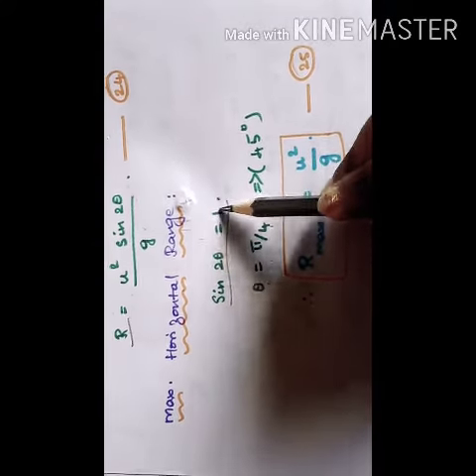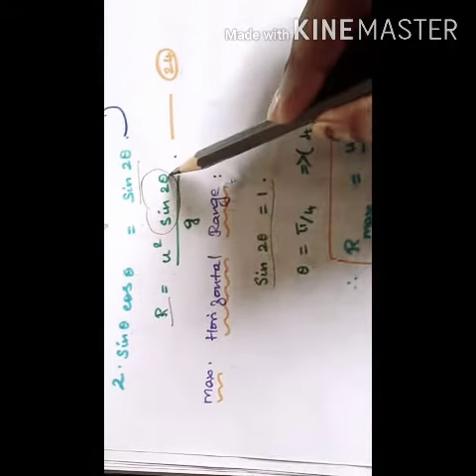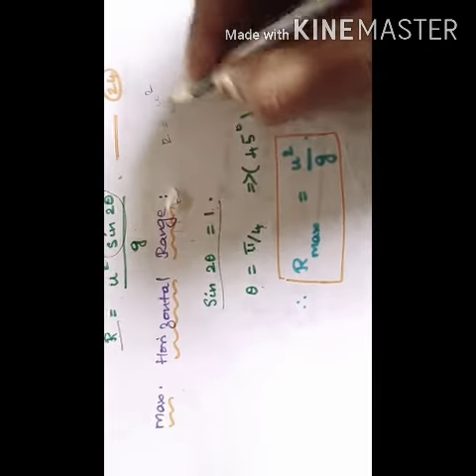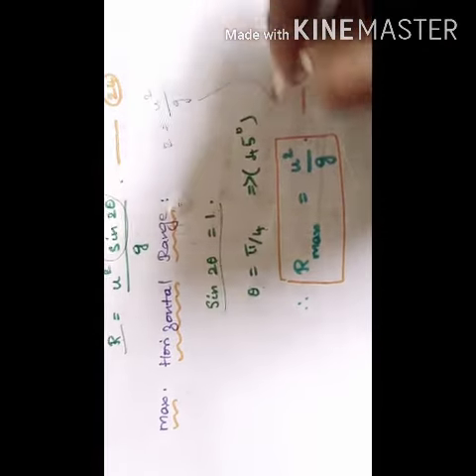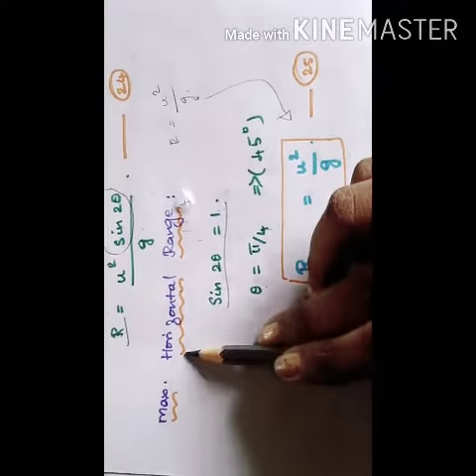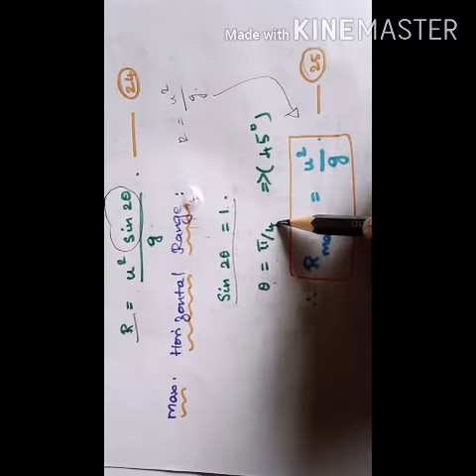If sin 2 theta is equal to 1, here see, if we substitute sin 2 theta is equal to 1, how will this equation change? R is equal to u squared by g. So this is our maximum horizontal range formula. How do we calculate it? We substitute the value for theta, theta is equal to pi by 4.